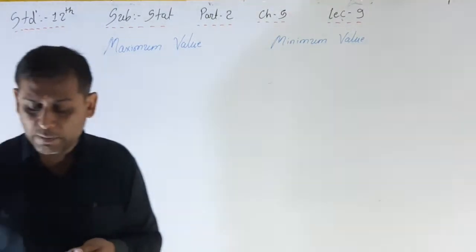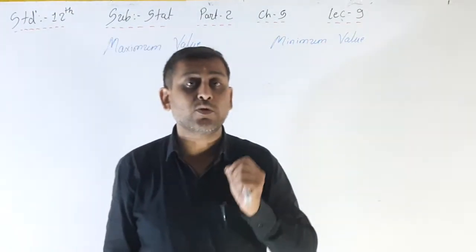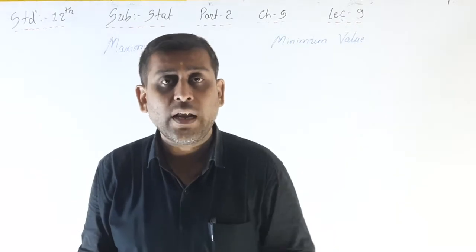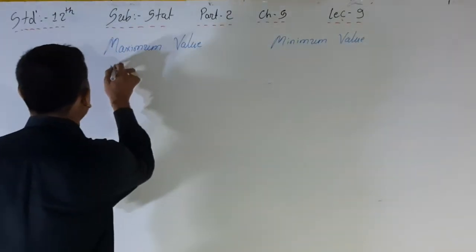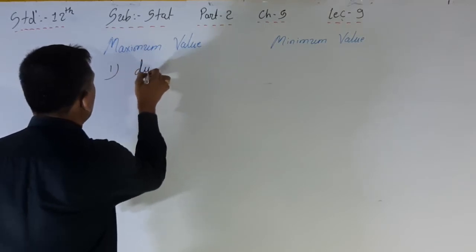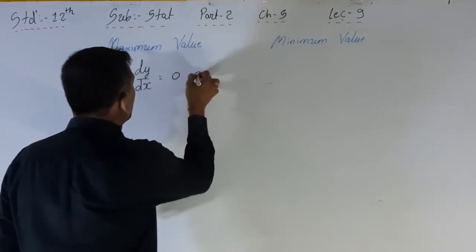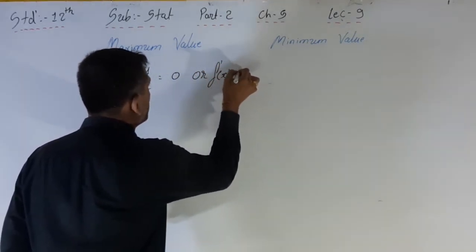Maximum value and minimum value. What is the rule for that? What are the practical sum rules for the maximum value and minimum value? How can we find the maximum value and minimum value? See here, the first rule is dy by dx is equal to 0, or you can say f dash x is equal to 0.